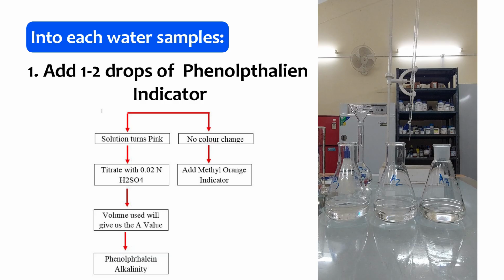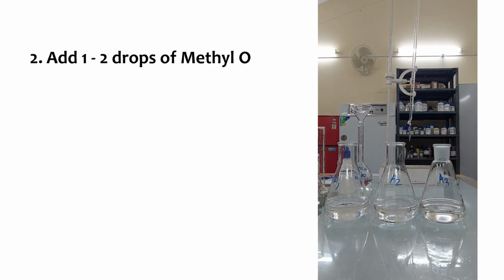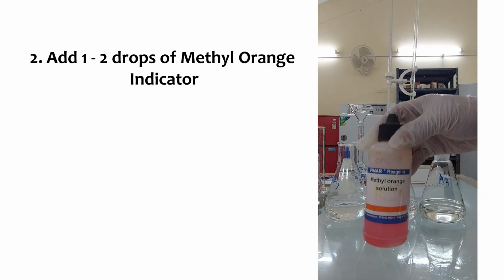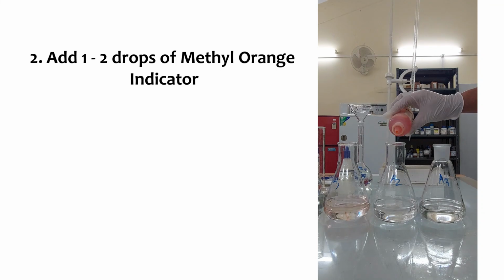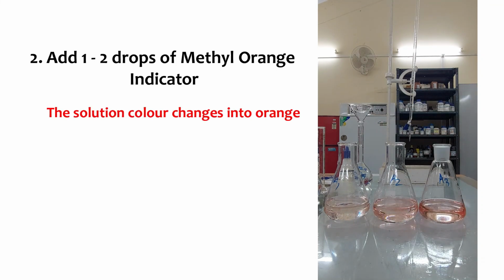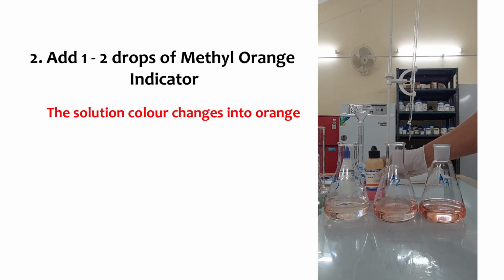However, in these samples that we are estimating for demonstration purposes, we found that after addition of phenolphthalein, no color appears. If no color appears, then we move on to the next stage, which is to add 1 to 2 drops of methyl orange indicator. Once you add methyl orange indicator, you'll see that the solution changes to orange color.